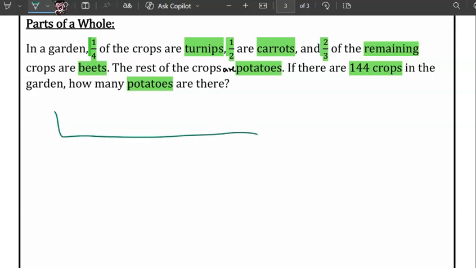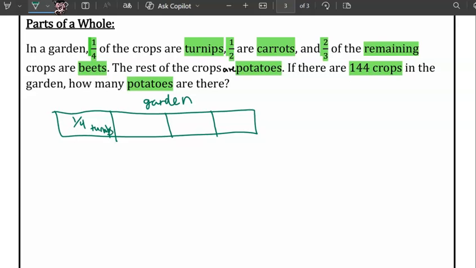Let's draw a little rectangle to represent our garden. It says 1/4 of the crops are turnips. 1/4 of the whole thing is turnips. Half of them are carrots.